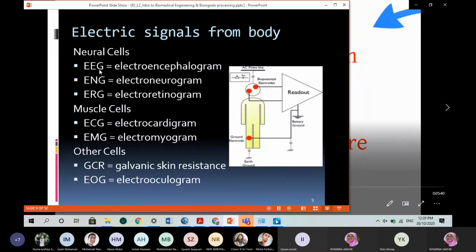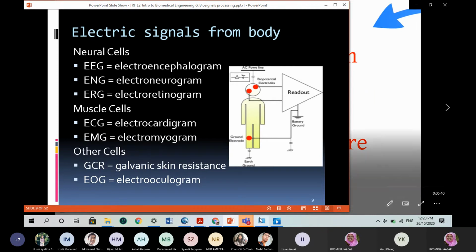So the EEG signals are obtained from the brain. The electroencephalogram is actually a measurement of the many collections of action potentials underneath your skull.